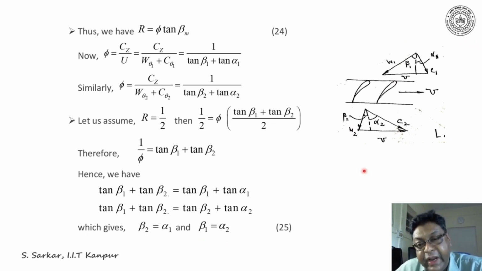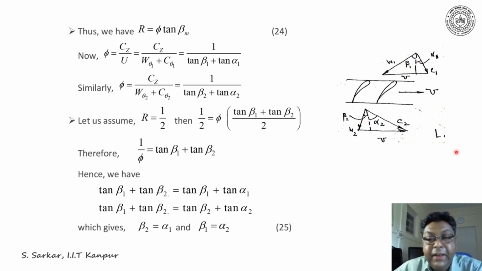Come to the velocity triangle. Imagine here that for when the degree of reaction is half, this beta 1 would be equal to alpha 2, and this angle beta 2 would be equal to alpha 1.